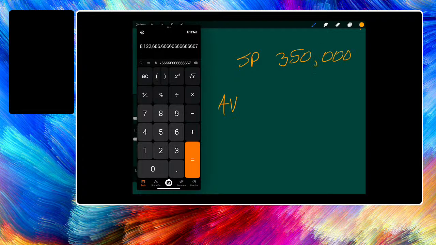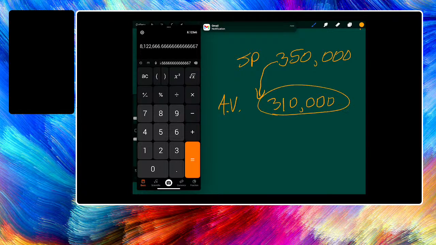The appraised value came in at $310. Buyer agent says to listing agent, would your client please come down to the $310 so that we can sell to this buyer, so this buyer can get their loan, because the lender is not going to loan on this because the appraiser says it's not worth it. The lender's going to loan on this, the lower one. But this buyer doesn't have any extra money.